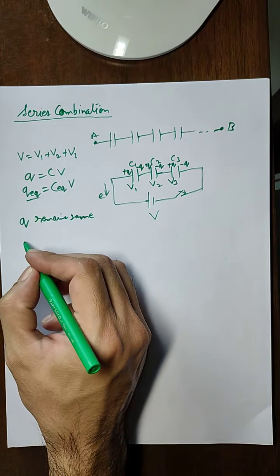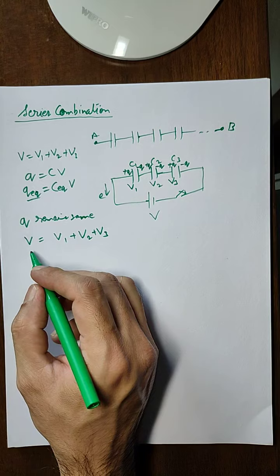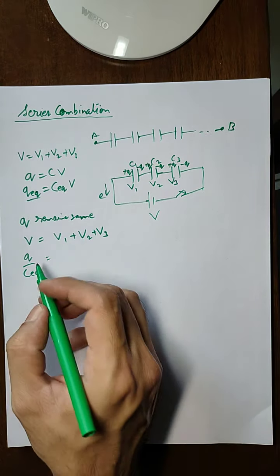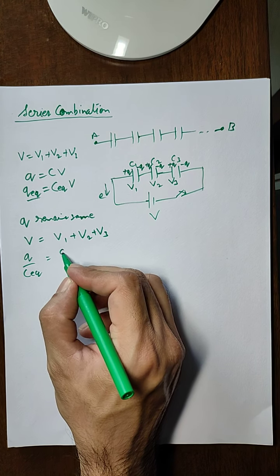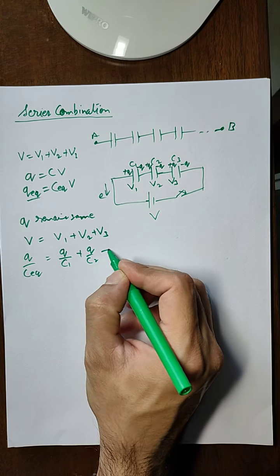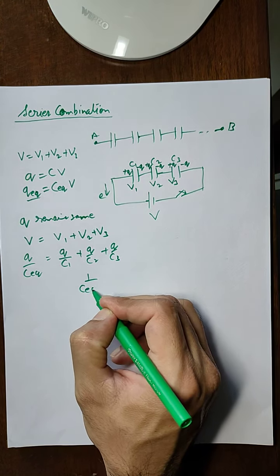Now by using this equation, we can write Q upon equivalent capacitance is equal to Q upon C1 plus Q upon C2 plus Q upon C3. So Q will get cancelled out and the relation that we get is this. This will be a general expression for capacitors connected in series combination.